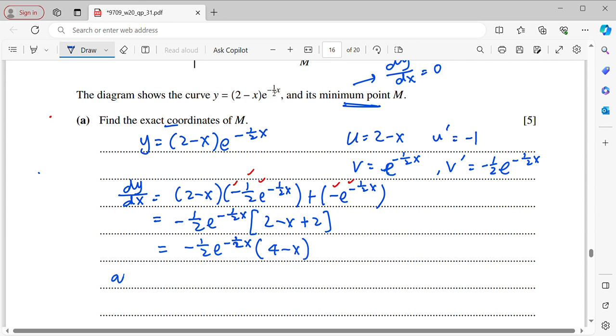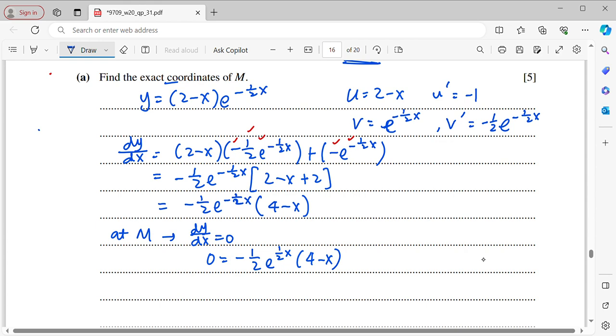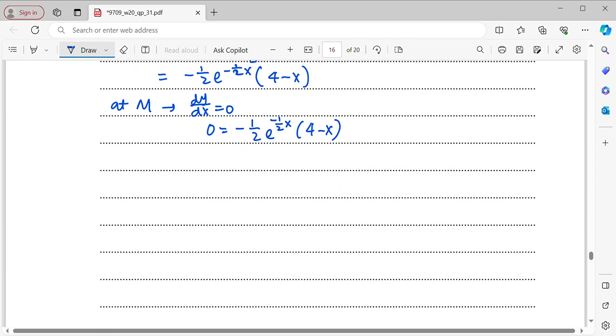And now, at M, dy dx equals 0. So 0 equals negative half e negative half x multiplied with 4 minus x. But we know that exponential cannot be 0. So negative half e negative half x cannot be 0 if you refer to the exponential graph. That means 4 minus x must be 0, and hence your x must be 4.